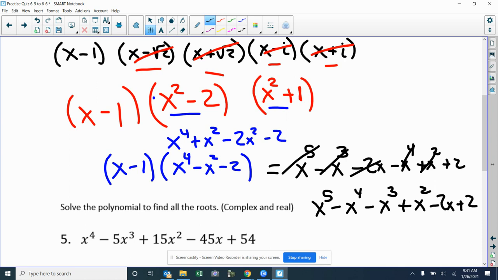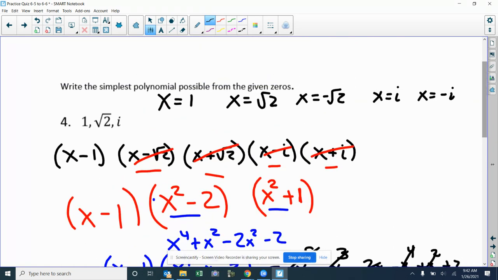Remember, we have one complex, we're going to have another one. One's got to be positive, one's got to be negative. Okay, that problem was much easier than yesterday's, wasn't it? Yesterday I went a little bit harder on you. Instead of just simple like this, I had 1 plus the square root of 2.